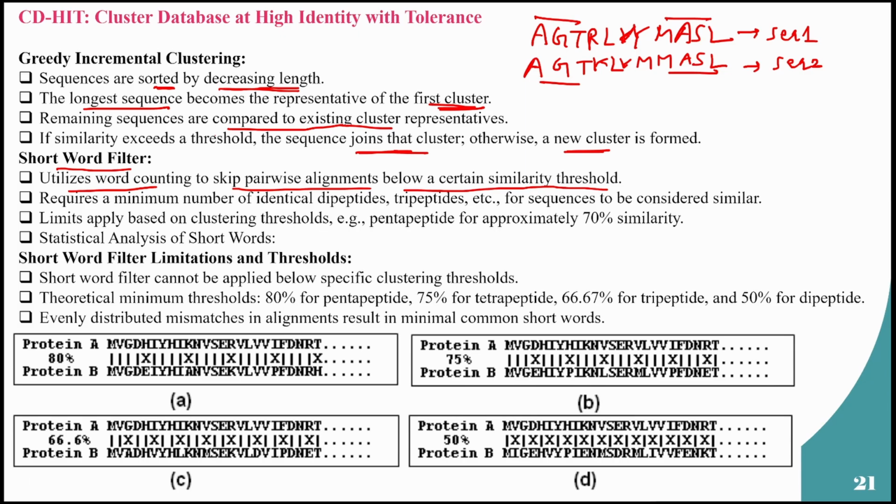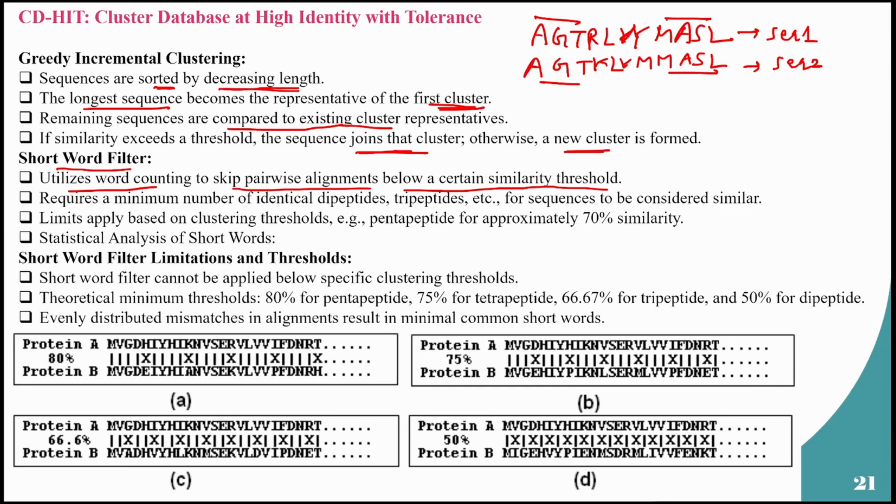So what that means is that rather than depending on the alignment, the algorithm can find, okay, if this particular three-character word is matching between sequence one and sequence two, and we see multiple such matches, then sequence one and sequence two could be very similar, and could be part of the same cluster, right?